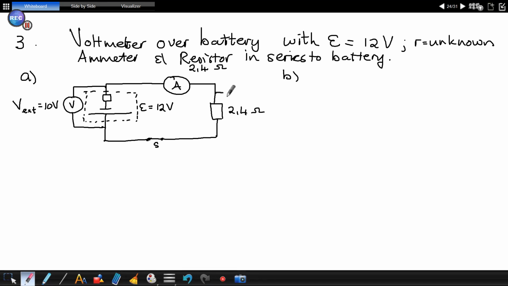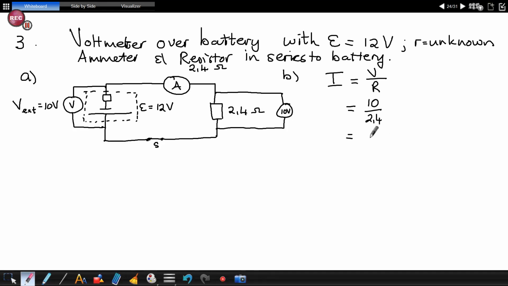Oh, so this voltage here is 10 volts. You understand what I'm doing? Yes. Because it's the only resistor in the circuit. So I can go I equals V over R, and I'll use 10 over 2.4.